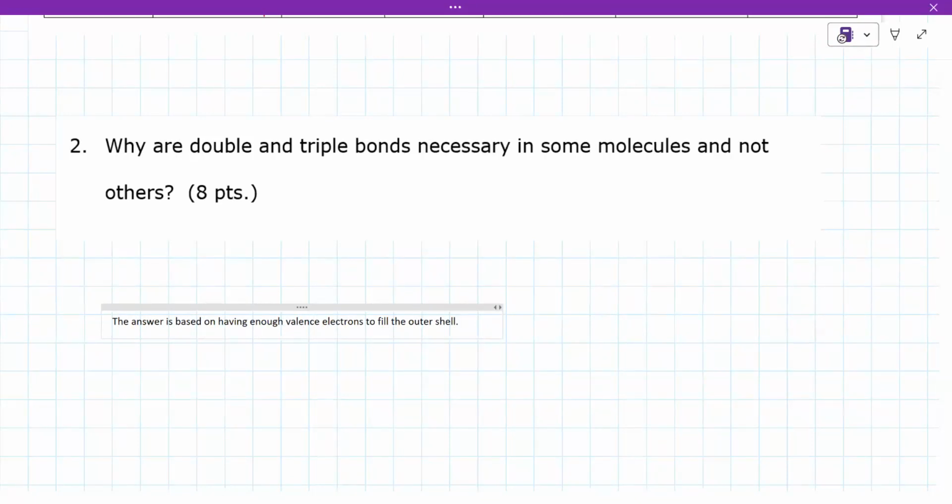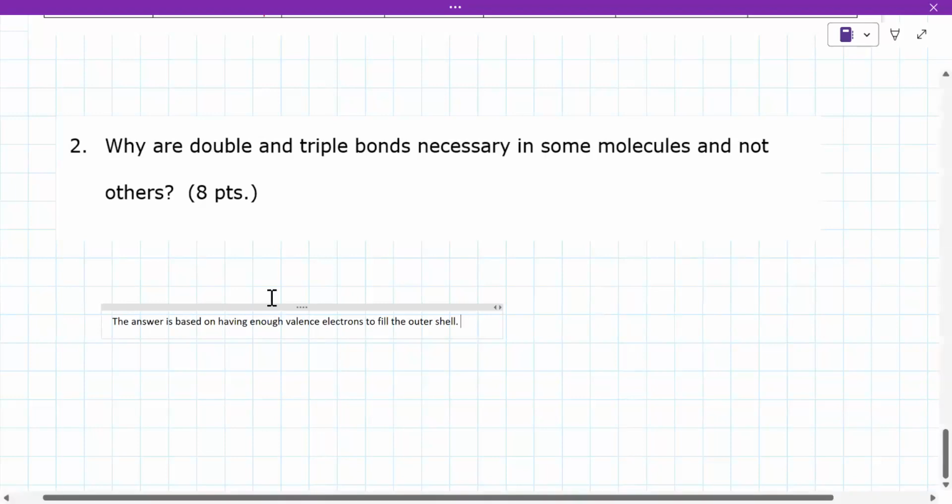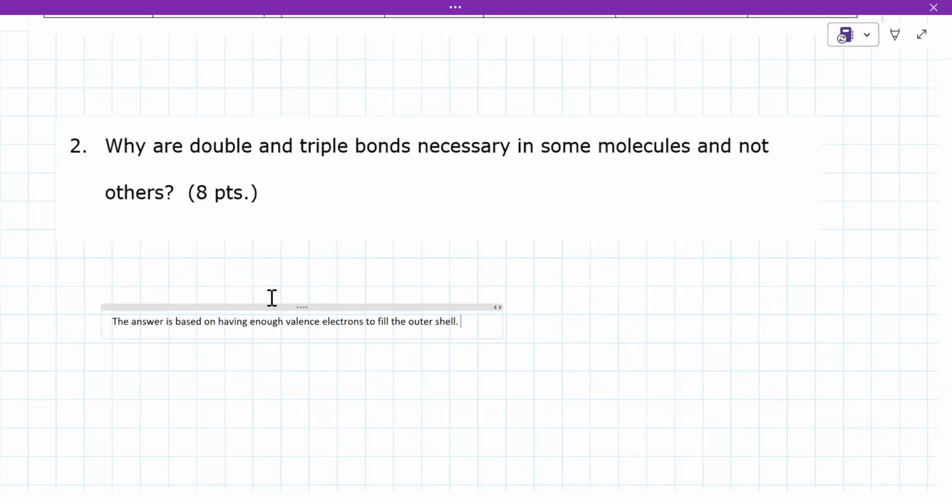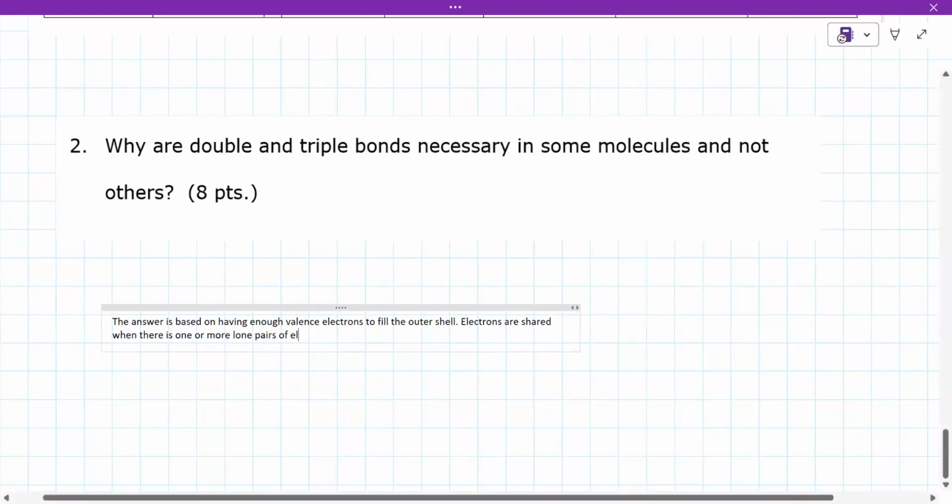So the idea is, electrons are shared when there is one or more of what are called lone pairs of electrons in the outer shell.